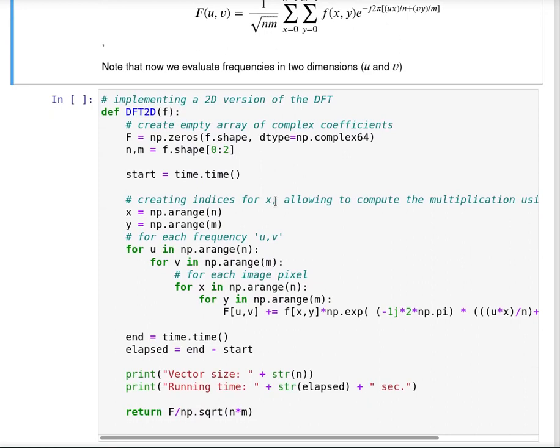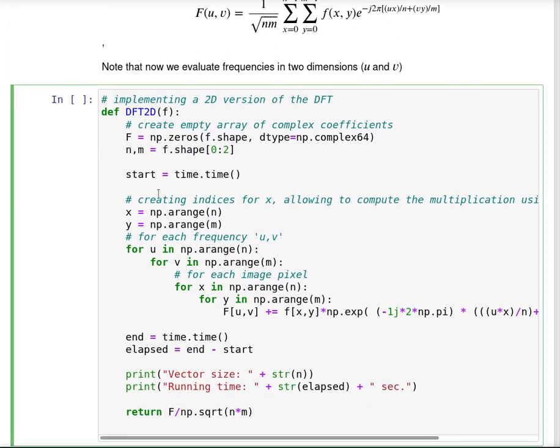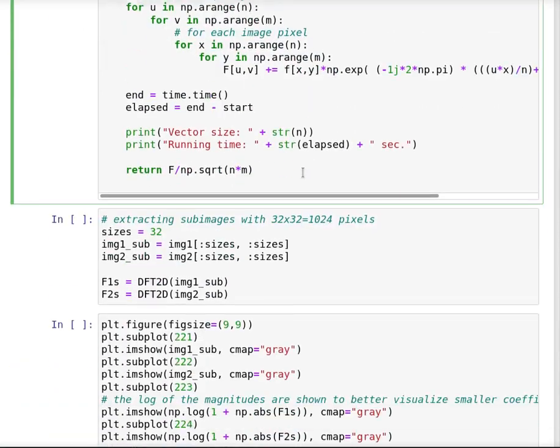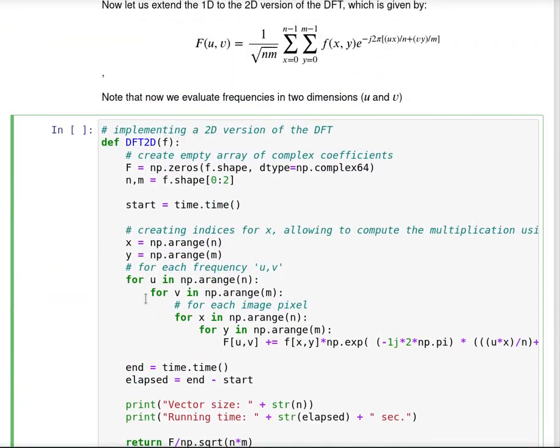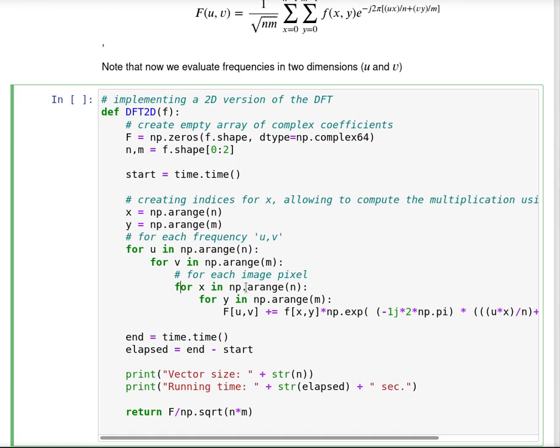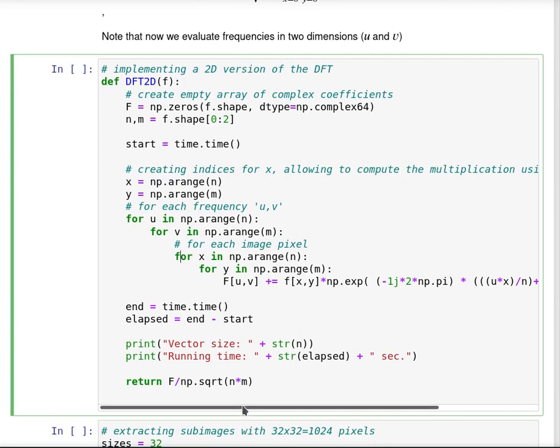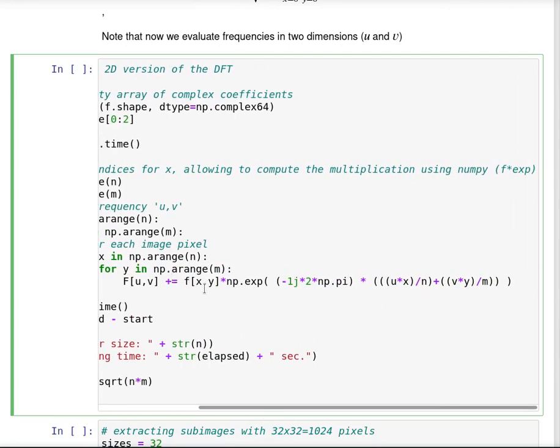In order to implement that, we are going to use the same idea. I could use a vectorized implementation. However, I'm just showing you how complex that can be. So I recommend you take a look at this implementation.